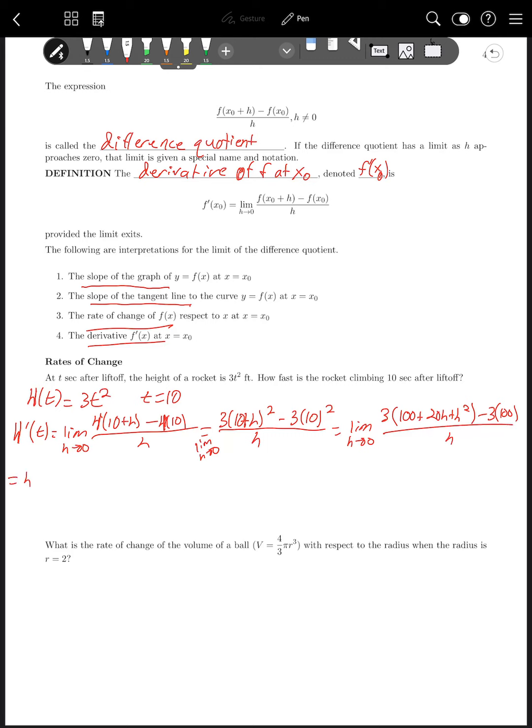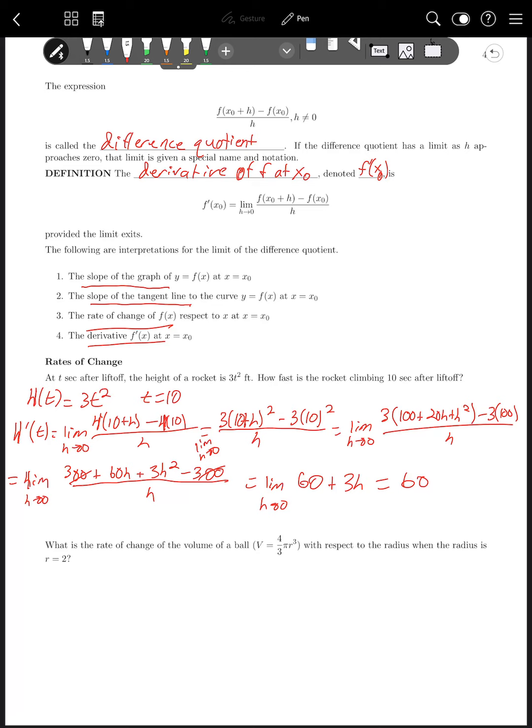So this is the limit as h approaches 0 of 300 plus 60h plus 3h squared minus 300 all over h. The 300's cancel. And now all the terms that are left have an h, so I can cancel there as well. So this is the limit as h approaches 0 of 60 plus 3h. And now plug 0 in for h, and you get 60.